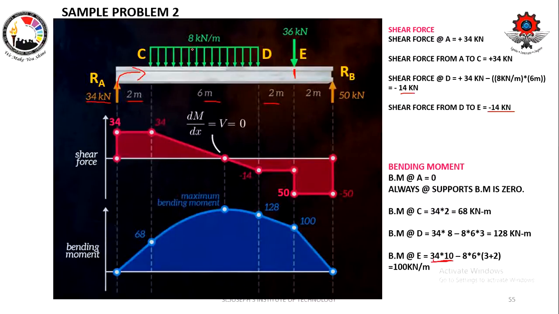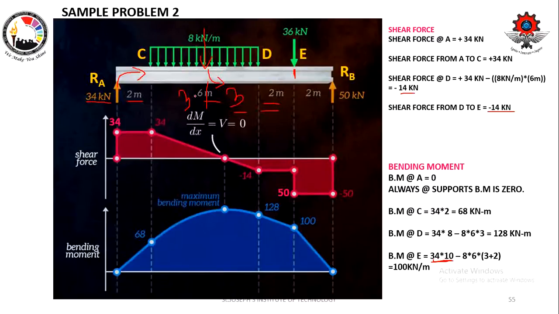Again this load, we are going to convert into a point load, right? 8 into 6. Again that will act at the center, here 3 and here 3. Now the point load has to travel a distance. How much? It is taking anti-clockwise direction. This load 8 into 6 into the distance 3 plus 2, so it is totally 5.